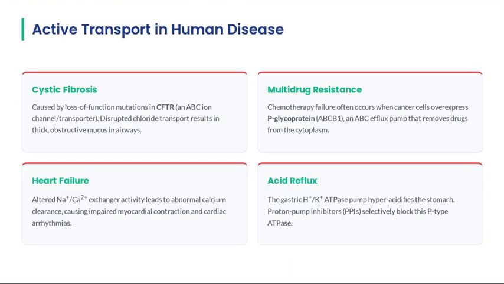So we're going to go more into the real world and talk about active transport in human diseases. So these are 4 common diseases. We have cystic fibrosis, and that is caused by loss-of-function mutations in CFTR, an ABC ion channel transporter, and this disrupts chloride transport, and it results in thick obstructive mucus in the airways. So you have trouble breathing.